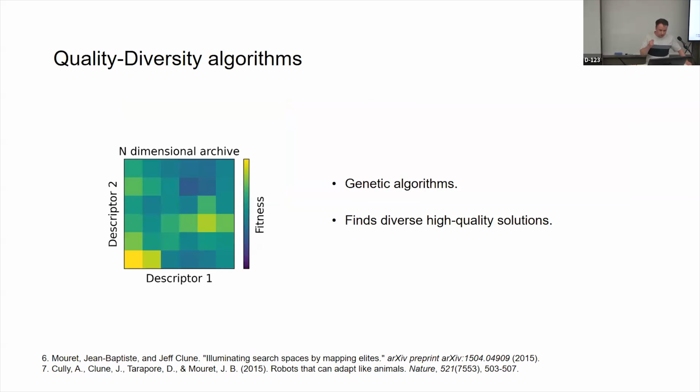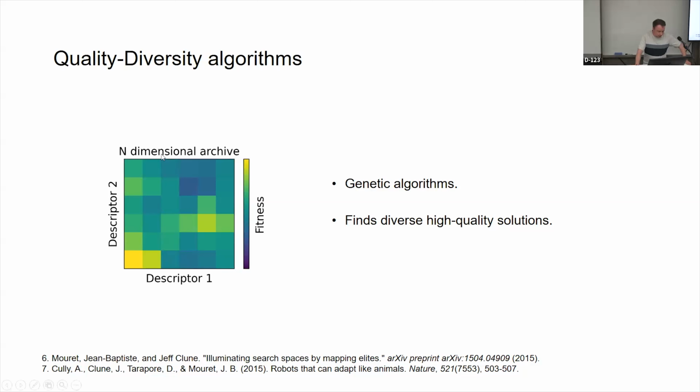Quality diversity algorithms are different in the sense that they try to find a set of diverse, high quality solutions. And the notion of diversity here is chosen manually based on what we want.